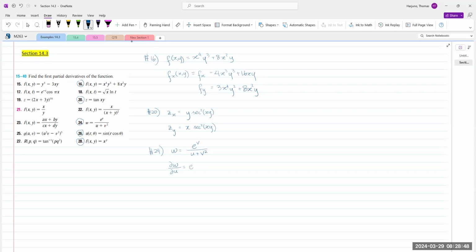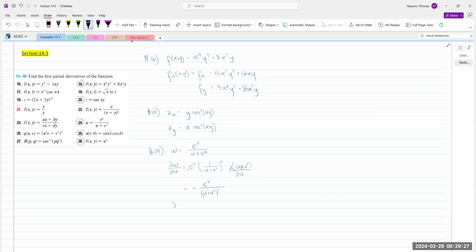So that's e to the v. Now the derivative of 1 over that will be 1 over u plus v squared, squared, with negative times the partial of u plus v squared with respect to u. So this will be negative e to the v over u plus v squared, squared, times 1.